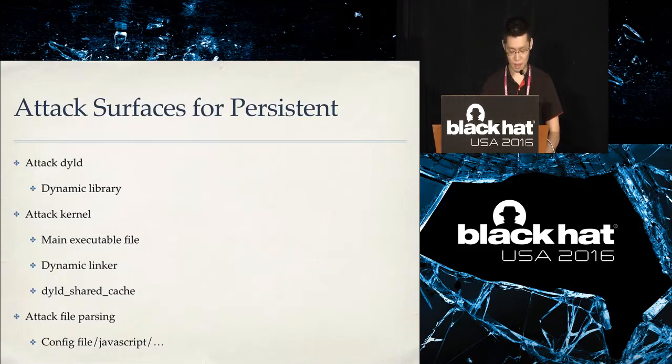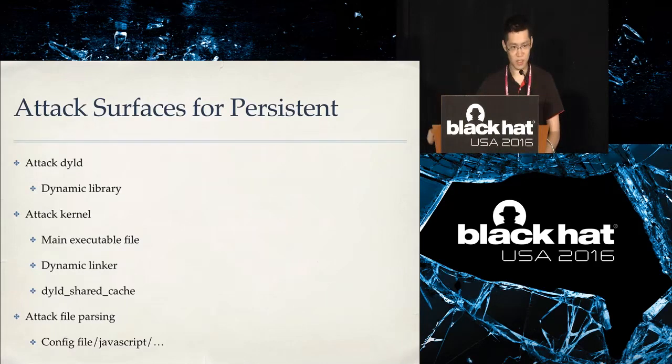Another attack surface is the kernel. The kernel is responsible for loading the main executable file, the dynamic linker, and also the DYLD shared cache. So if you could find a vulnerability in this part, you are able to achieve persistence on the iOS device.